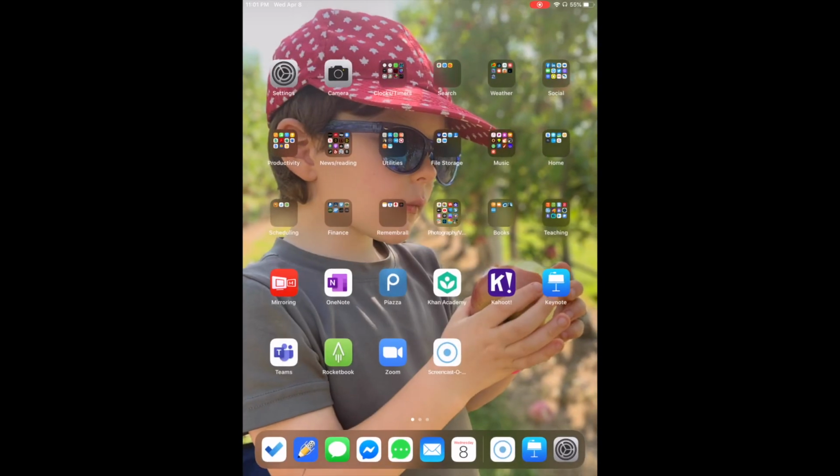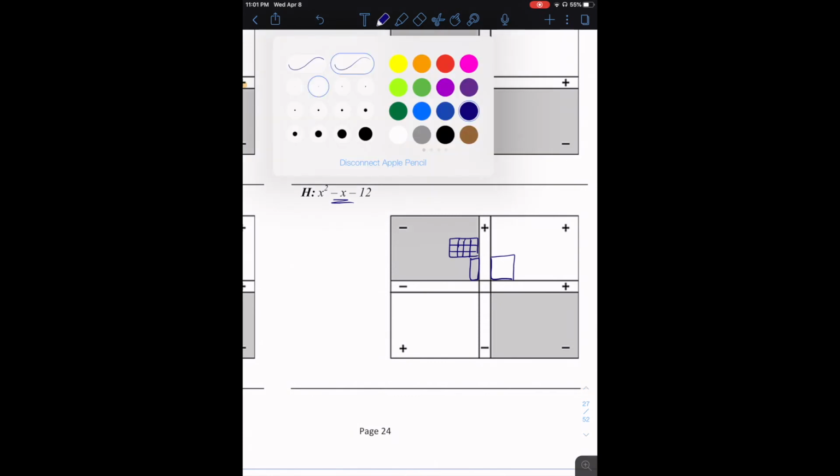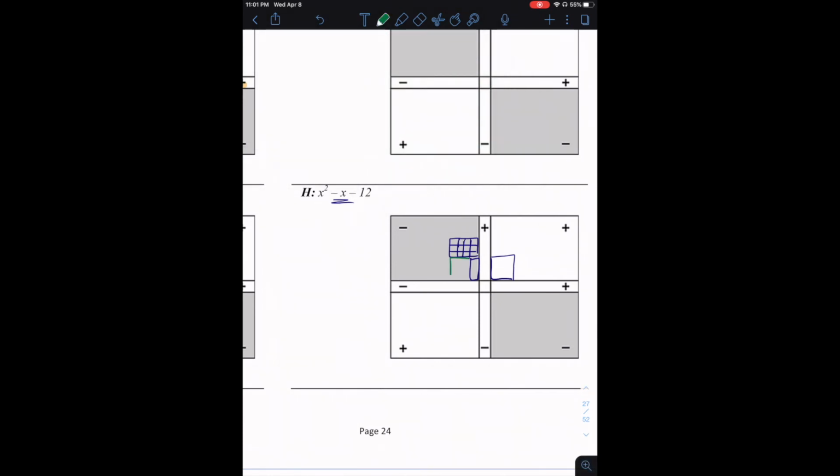So let's go back and redraw here. So we had x squared, and then we decided that we were going to do a 3 by 4. So we had the one negative x from here, and then we said that we needed 3 x zero pairs in order to complete that rectangle.